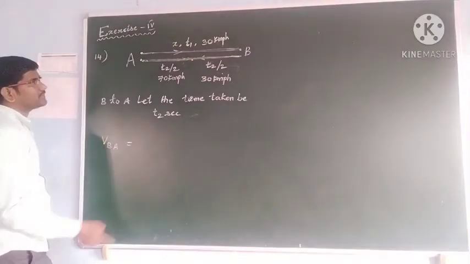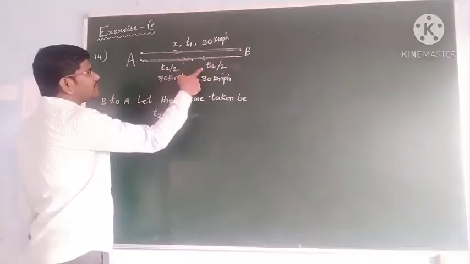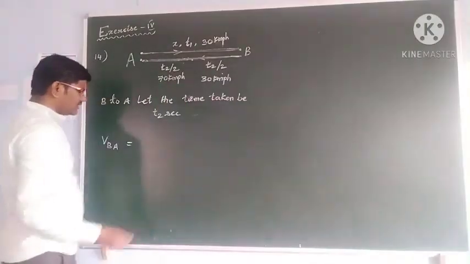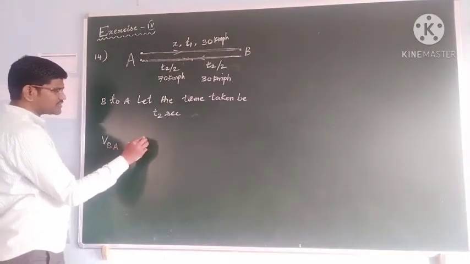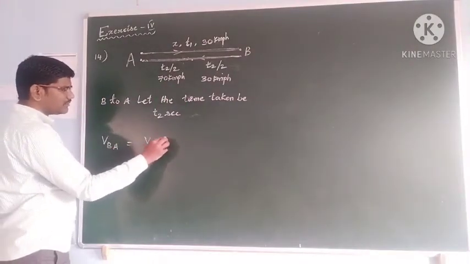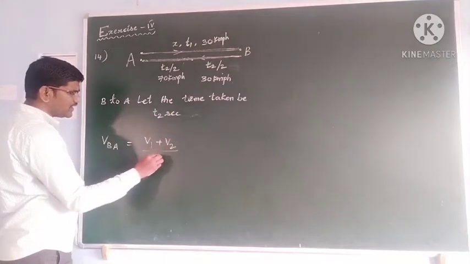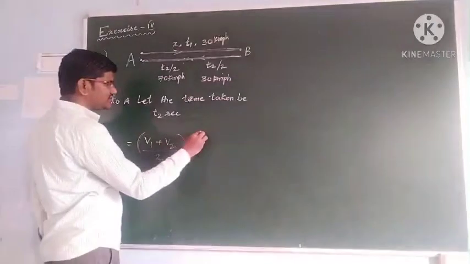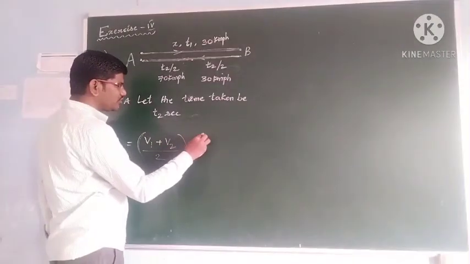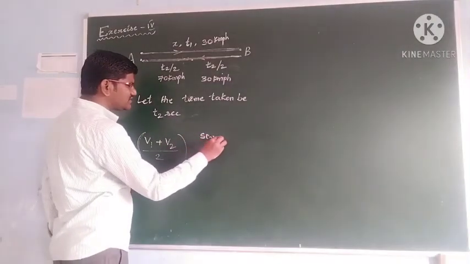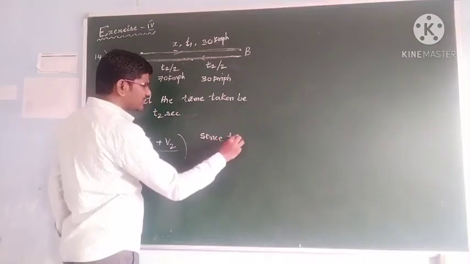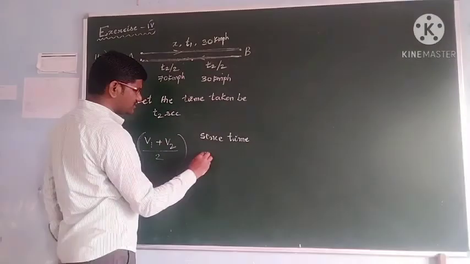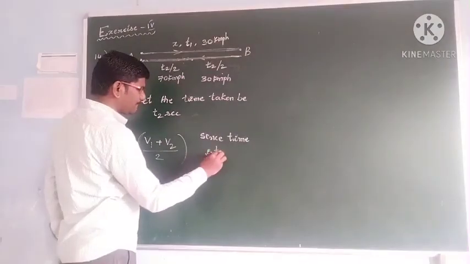In the return journey, the times are equal, speeds are different, then the average speed will simply be V1 plus V2 by 2, since time intervals are equal.